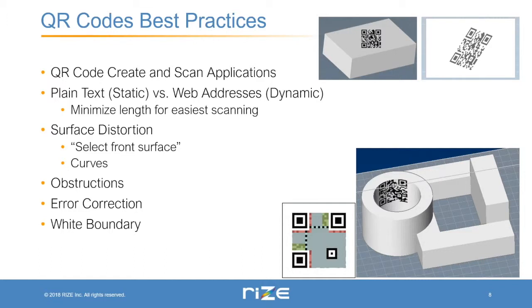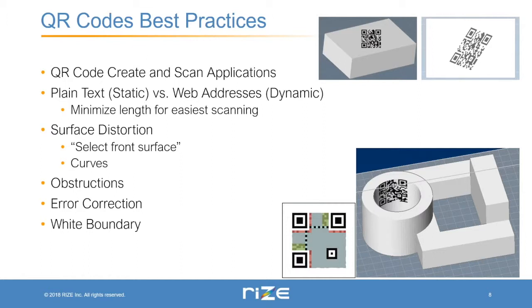Next, we have the difference between plain text or static QR codes versus web addresses or dynamic, which I've already mentioned previously, but one of the important things to pay attention to about both of these is that the less text that you attach to a QR code, the easier it will be to scan it, because the fewer pixels you will have to be able to read.